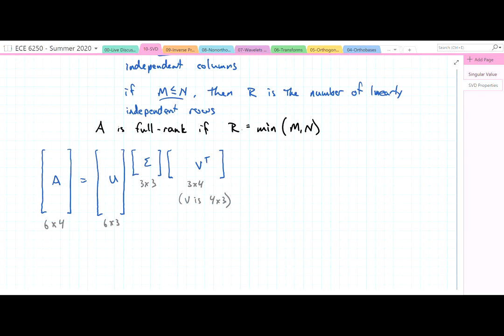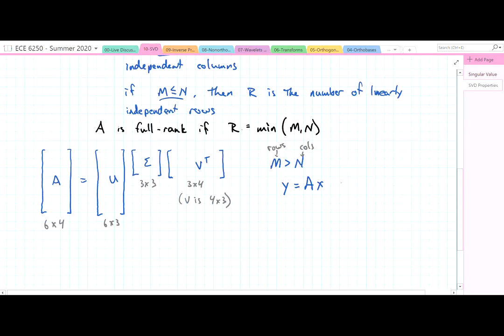So in this case, we have m, number of rows, greater than the number of columns. And so y equals Ax. We go back to that. We essentially now have, in this case, maybe 4 dimensional x, and yet we have 6 observations.